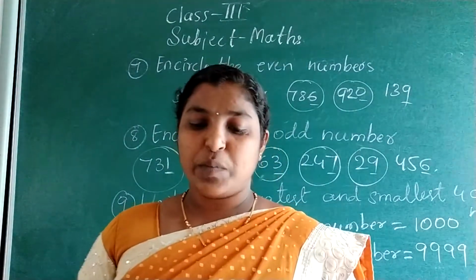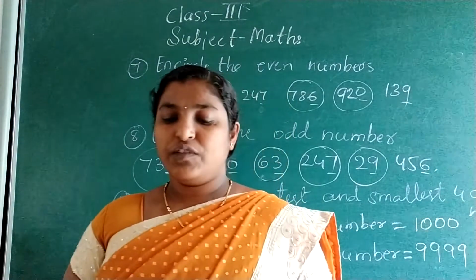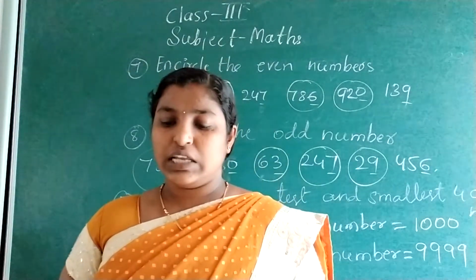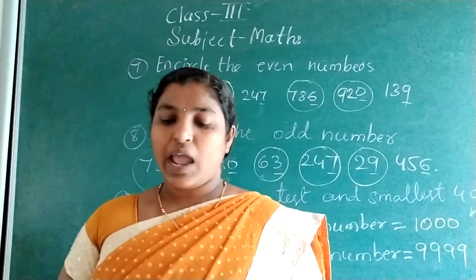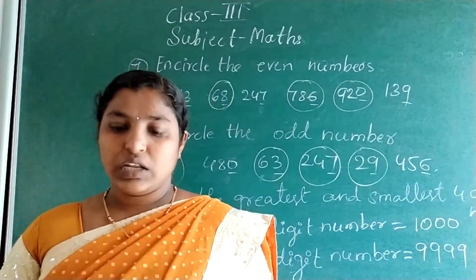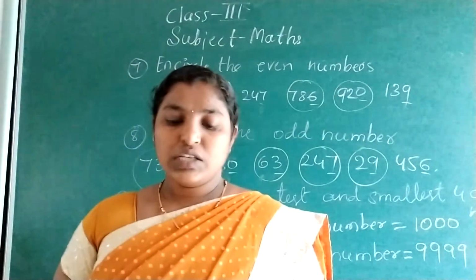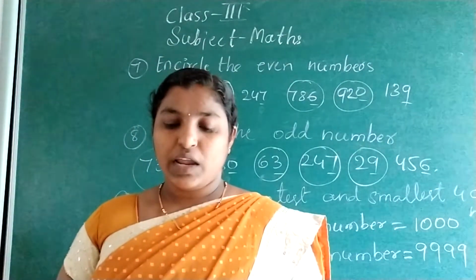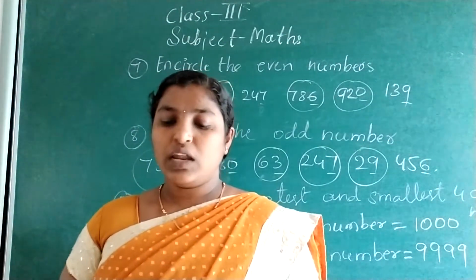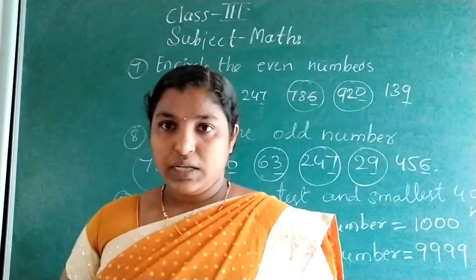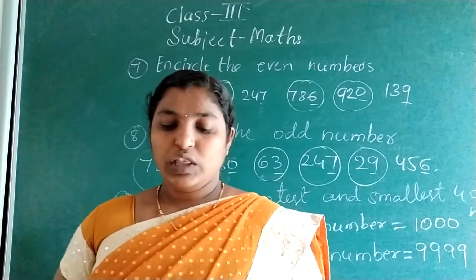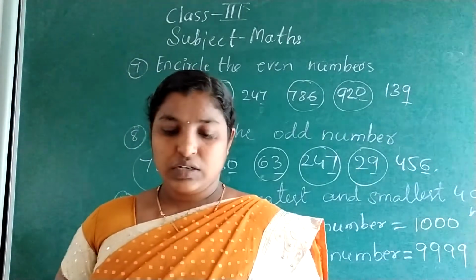A numeral in expanded form is the sum of the place values of the digits in the numeral. The successor of a number is obtained by adding 1 to the given number. The predecessor of a number is obtained by subtracting 1 from the number. To compare two numbers, the number with more digits is greater.